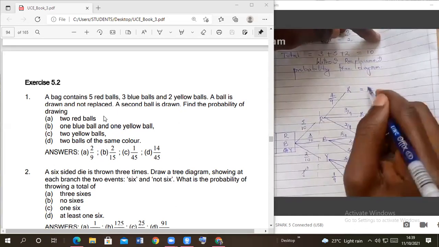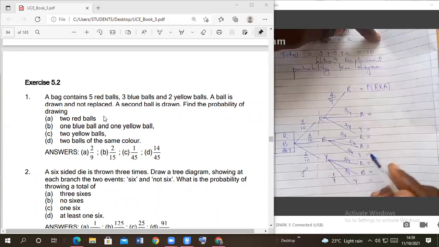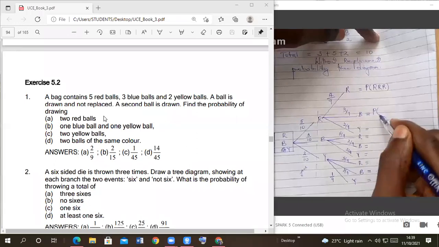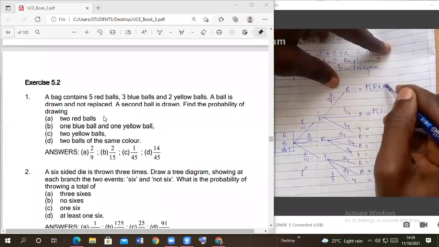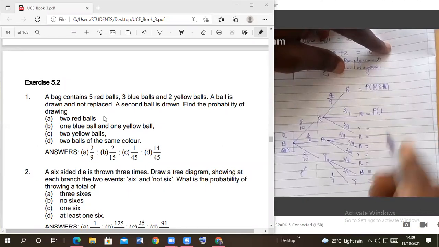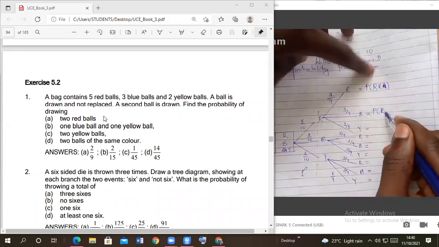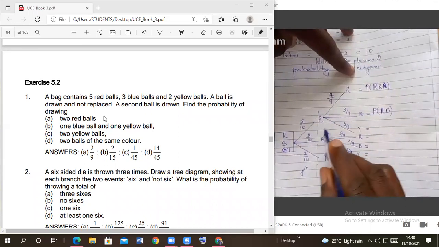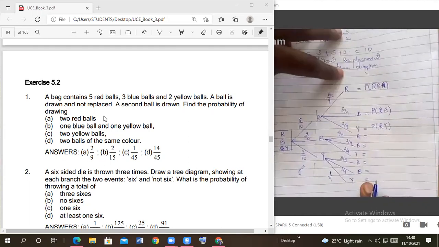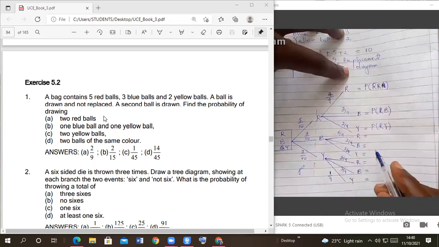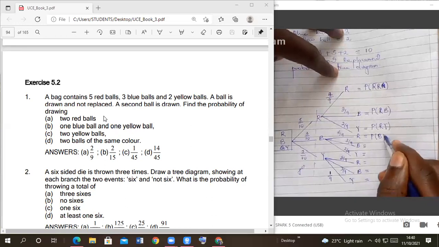So which means we shall have this, the probability of getting red and red. This is it. Red and blue. This one is it. Red and yellow. Then this one will be blue and red.